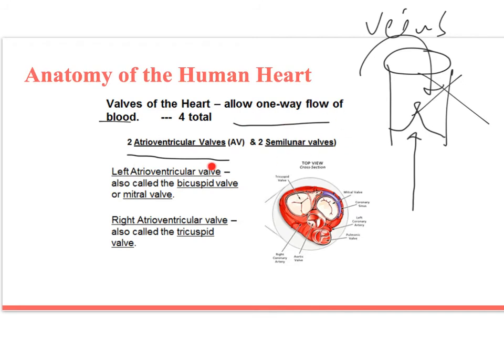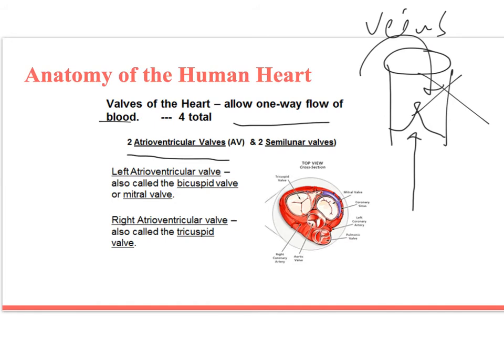So the left atrioventricular valve actually has a couple names. If we look right here, this would be the left AV, that I'm highlighting right here. Now, for this class, you can call it the left AV. For any of you that are going into any medical fields, you'll note that this could also be called a bicuspid or mitral valve. Bicuspid, as you can see, it kind of has 1-2 flaps there. The right atrioventricular valve, also called the right AV valve, is called a tricuspid because it actually has 3 flaps, 1, 2, 3.